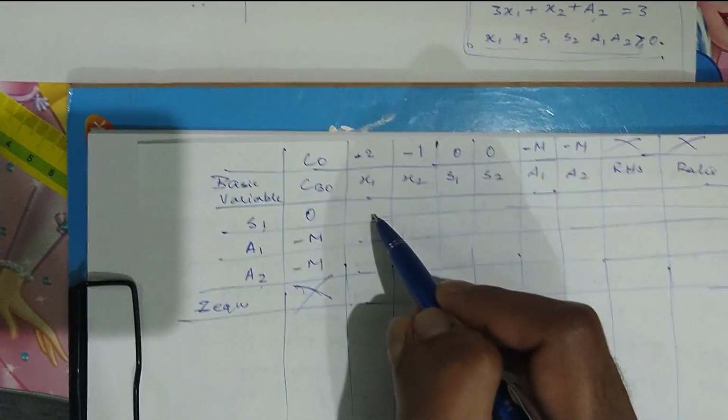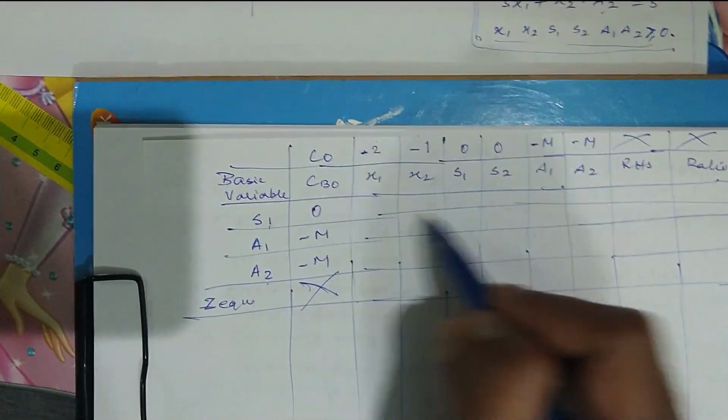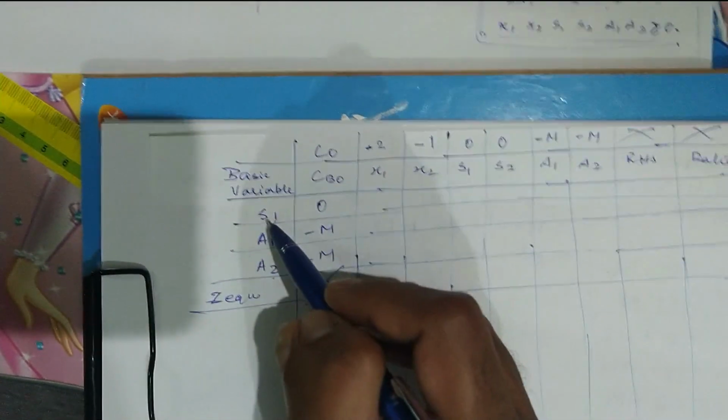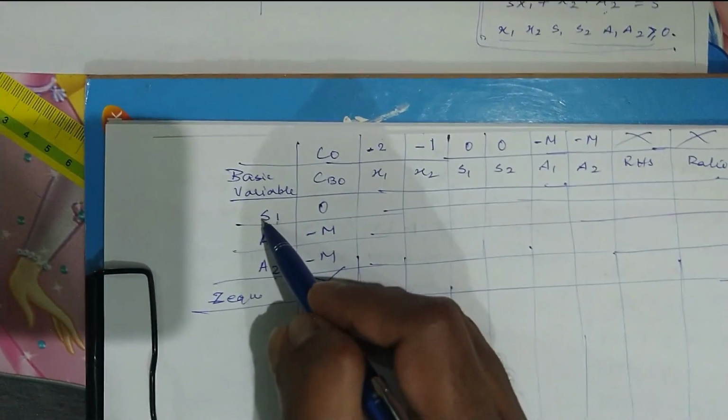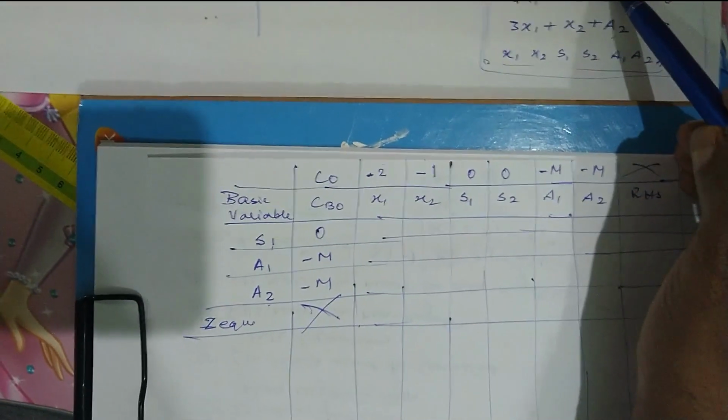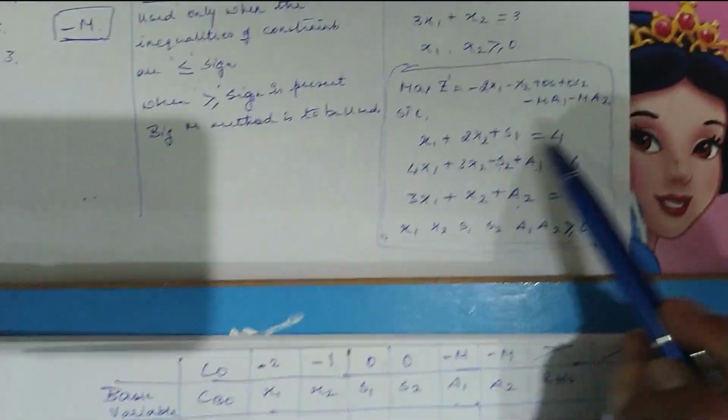The first set of values that we need to fill in the first row, corresponding to the slack variable, is taken from the first equation, that is x1 plus 2x2 plus s1 is equal to 4.